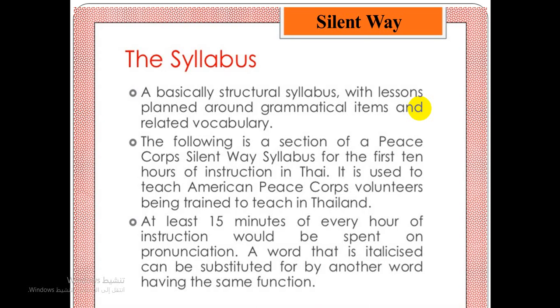Language items are introduced according to their grammatical complexity and their relationship to what has been taught previously. The imperative is normally the first structure introduced, because of the ease with which action verbs may be demonstrated using silent way materials.